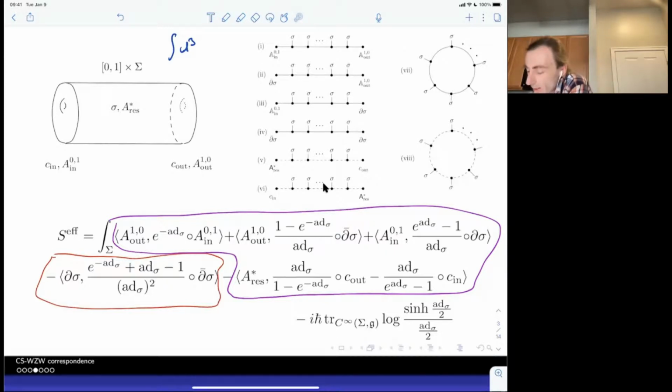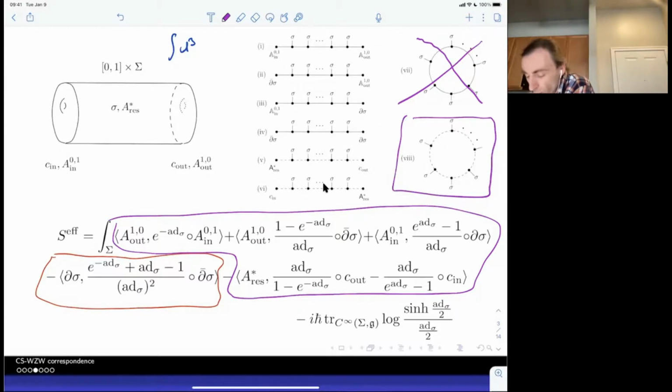Because there are two kinds of diagrams, and one kind of wheels just vanishes by our choice of gauge fixing, and the other doesn't vanish. And instead it gives something like sum over points of sigma of some well-defined expression.